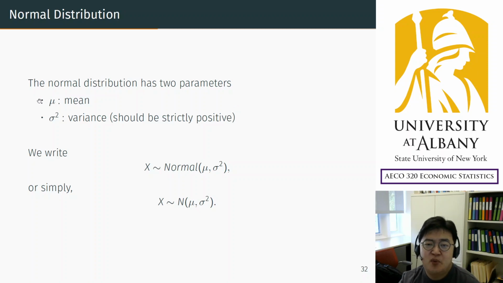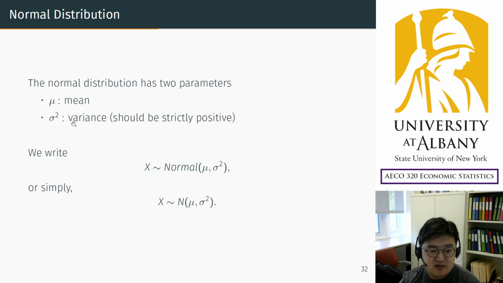But the main point here is the normal distribution is parameterized by two numbers, the mean and the variance. Of course, the variance is always strictly positive. So given the mean and variance, you can draw the bell curve. You may have heard about the bell curve. And we write a random variable x follows normal distribution with parameters mu and sigma squared.